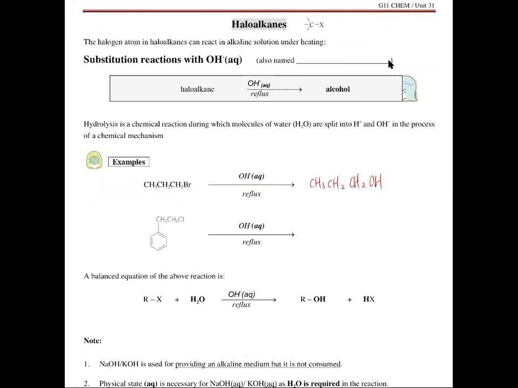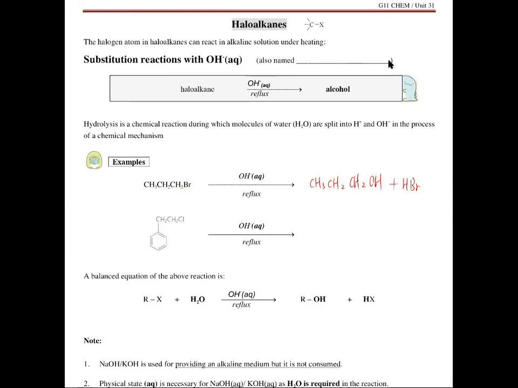And what's left? Okay, so this OH group actually comes from the water. Remember, water dissociates readily to form H plus and OH minus. So the OH minus will replace the bromine, and then we are left with the H plus, and the H plus would join the bromide ion that left the haloalkane, and produce the other product.